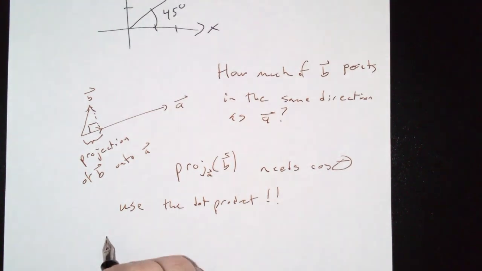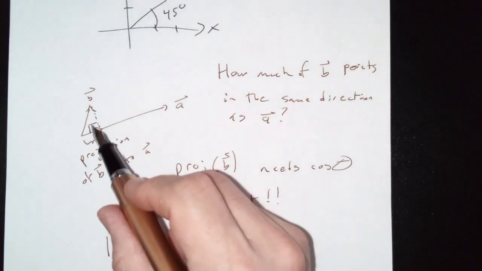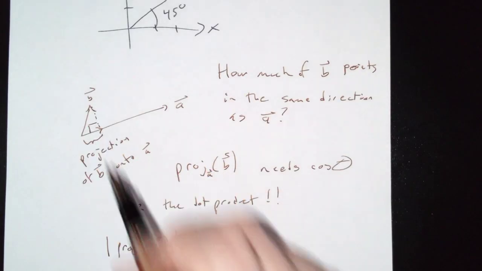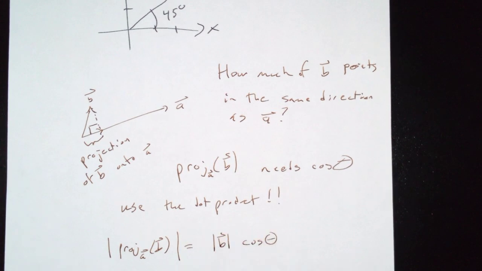So the length of the projection of B on A is hypotenuse times cosine of theta. But cosine of theta comes from my dot product. What's the formula for the cosine from the dot product?